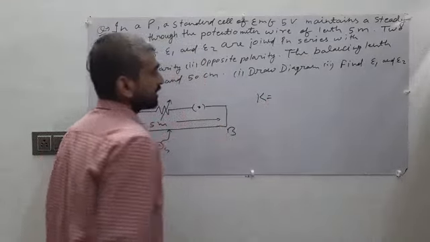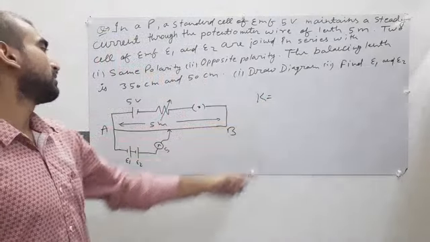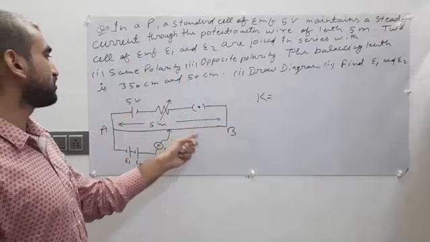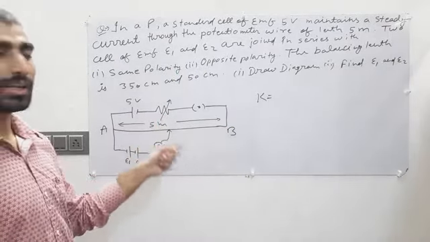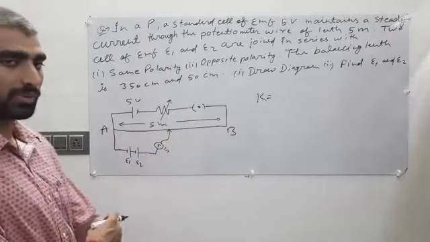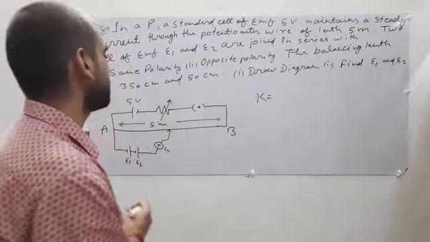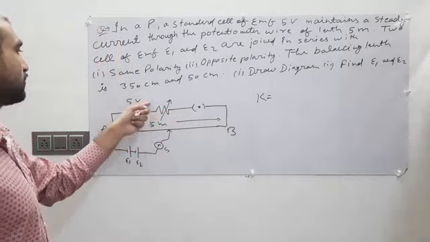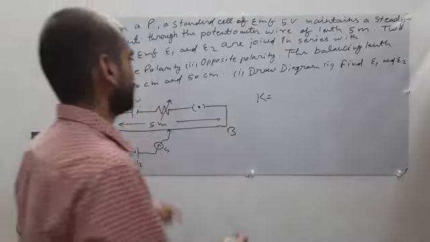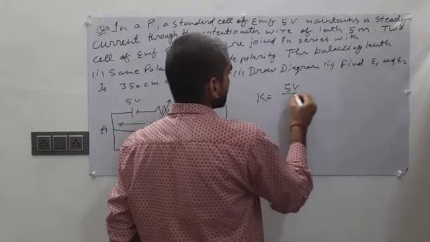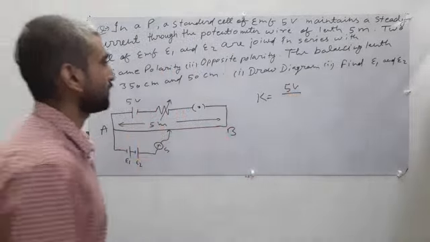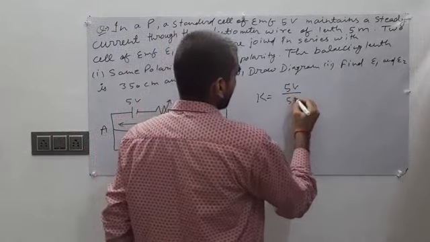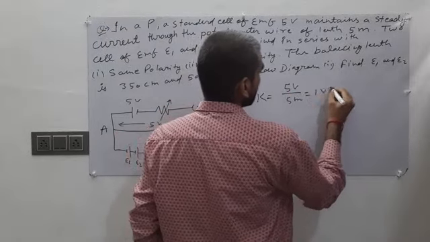So what is K? K is the voltage drop per unit length in the potentiometer. What is the total voltage? 5 volt. And what is the total length? 5 meter. That means 1 volt per meter.